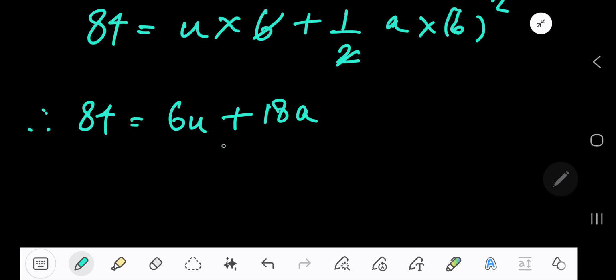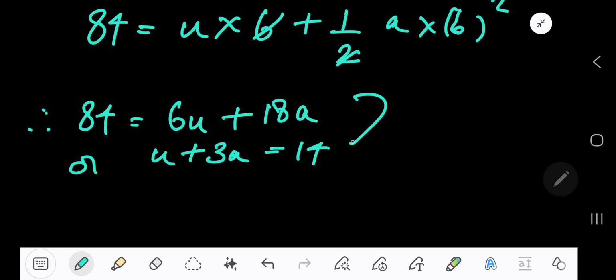Or we can say u plus 3a equals 14 when you simplify this.